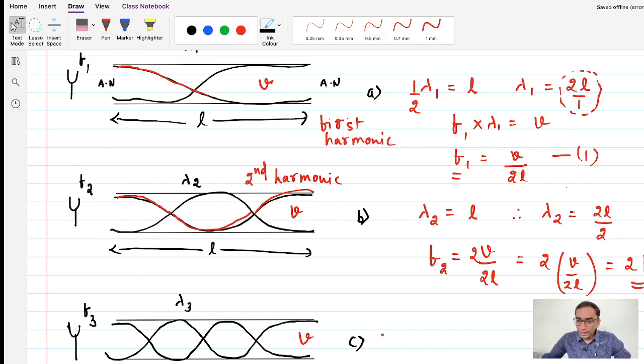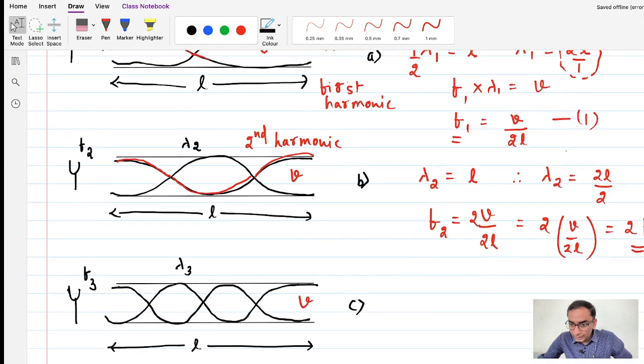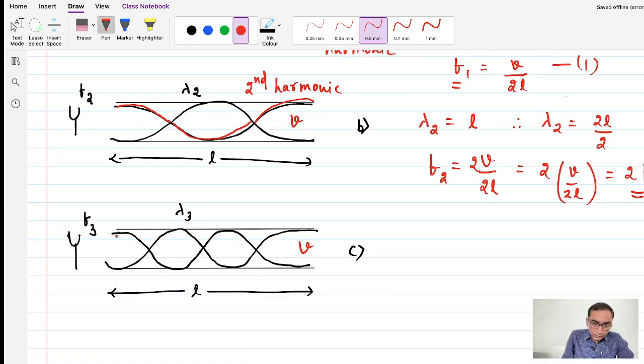In the same way, let us understand in case of the third part. Now, here this is one complete wavelength from here to here. Let me highlight it. This is one complete wavelength. Okay, let me use another color. One complete wavelength, and this is 1/4 and 1/4 again.